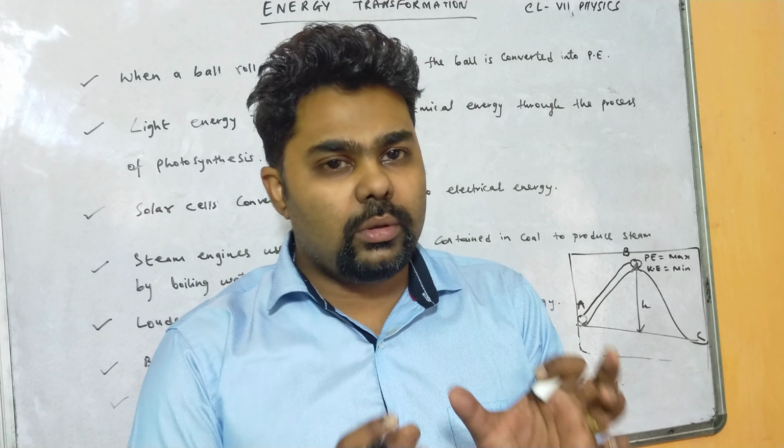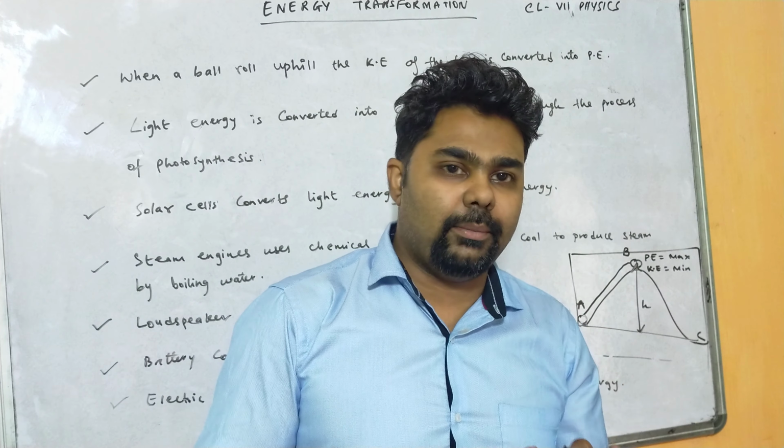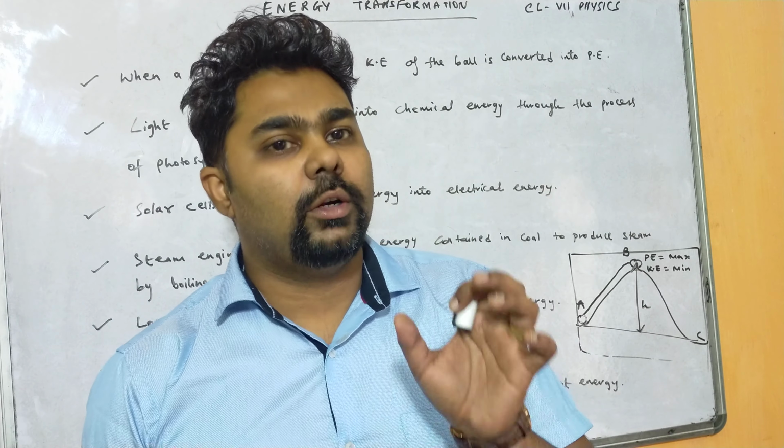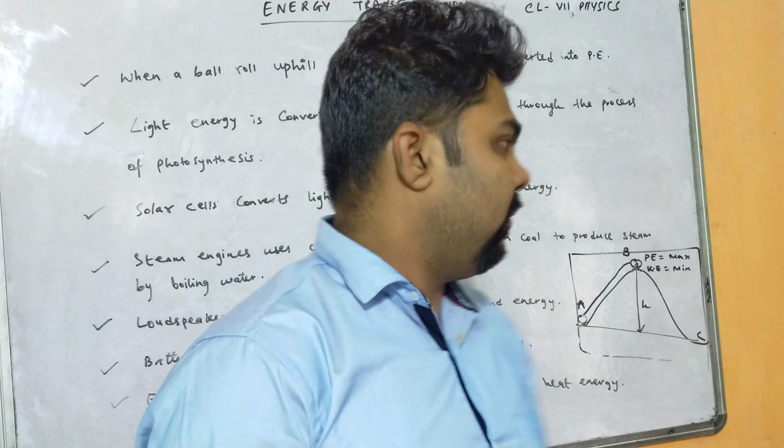The summation of potential energy and kinetic energy overall remains the same. So that is also considered to be the total energy. Okay, mechanical energy and total energy here are the same, right?